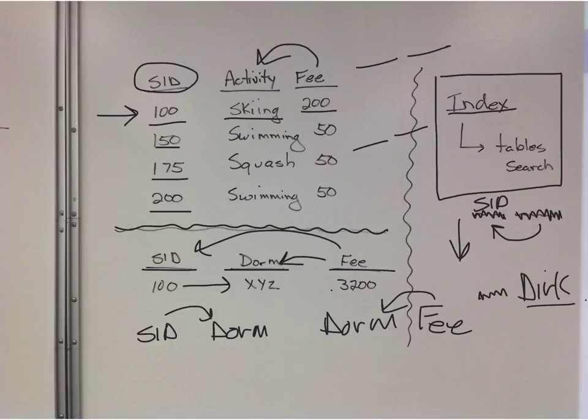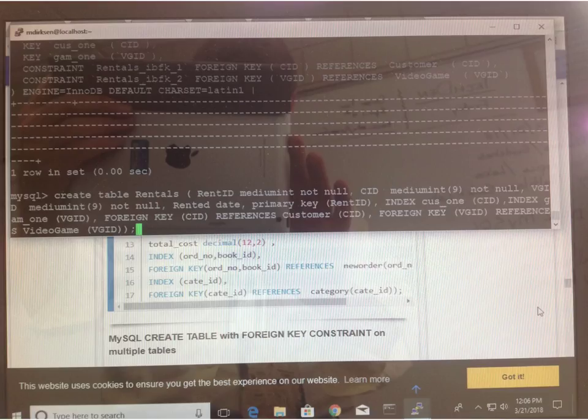Once you have that student ID, then that can take you back to the base table and get you the record, rather than searching the base table. So, tables and search. You can create an index. It's like an index in a book. You use the index to get you to the right page where you get your material. You can do the same thing in a database. And in some cases, they do it automatically. Alright.